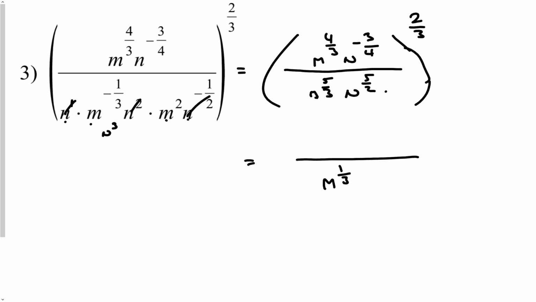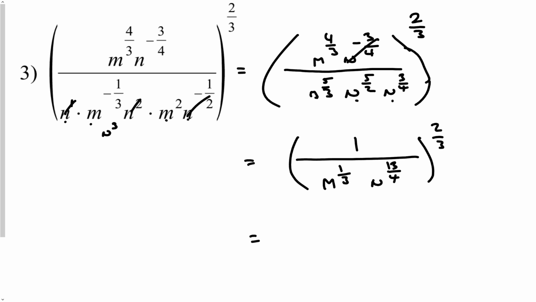Now with the n's, I'm also going to combine those two, and because this is negative, I'm going to move it down to the bottom of that fraction. So I'm going to get rid of this, and put an n to the positive 3/4 at the bottom. Then I'm going to add these two together. That turns into n to the 13/4, right? 5/2 is 10/4, add that. Nothing left on the top, and again, both of those to the 2/3 power, which means I multiply.